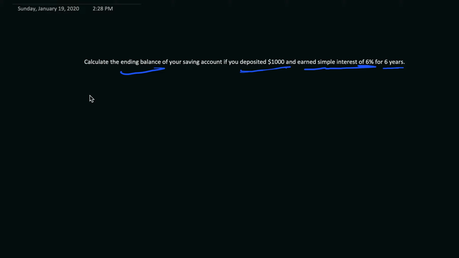Remember, before we begin to solve any problem, it's always good practice to list down what information we have. So we know that the principal is $1,000. Rate of simple interest is 6%, and this is for 6 years.